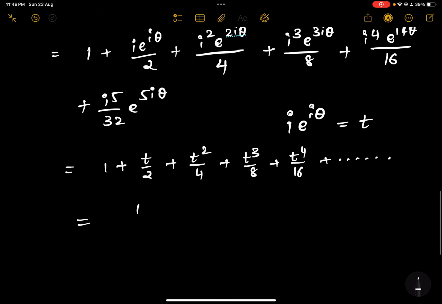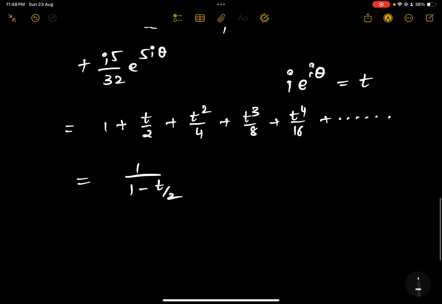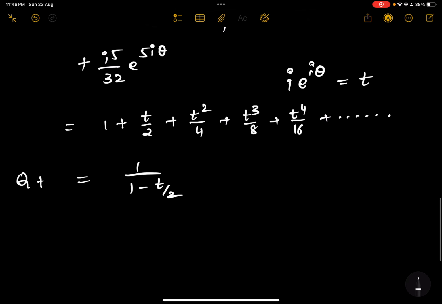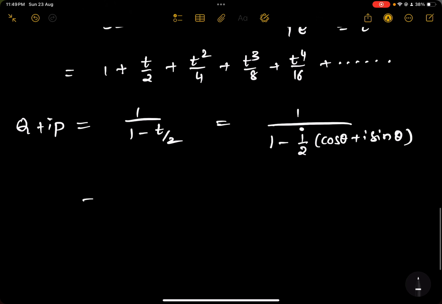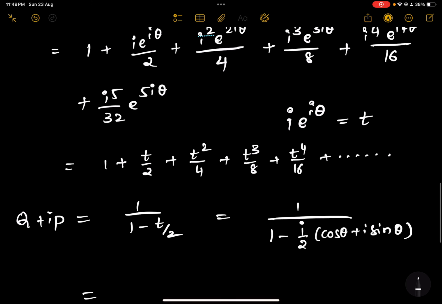The formula will be a upon 1 minus r, so this is your q plus ip. So 1 upon 1 minus half, where t is i times e to the power i theta, that is simply cos theta plus i sin theta. Alright, now let us simplify this. See how beautiful it is.